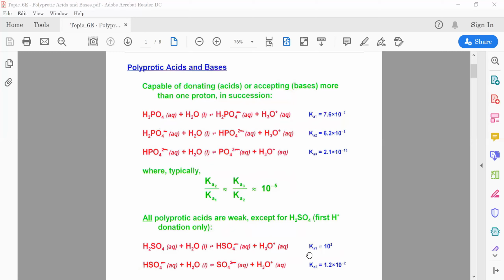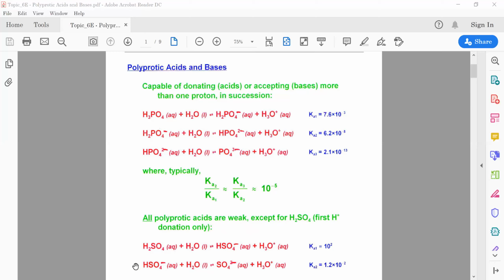The Ka is on the order of 100 or slightly higher. And so for that reason, as we've come to expect, a solution of sulfuric acid contains the same number of hydronium ions as there were sulfuric acid molecules to begin with. In other words, a solution that's 0.1 molar H2SO4 is essentially 0.1 molar in H3O+.